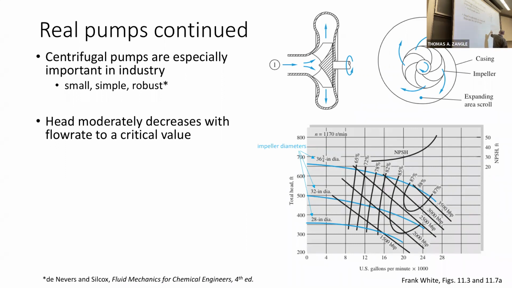Let's start with these blue lines here. What we would see is that the head that the pump is capable of developing declines moderately with flow rate until it gets to some critical value where it starts to really sharply fall off.